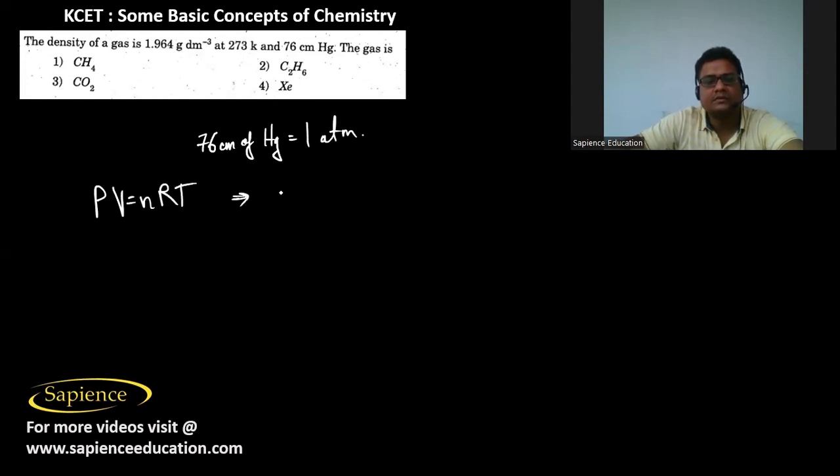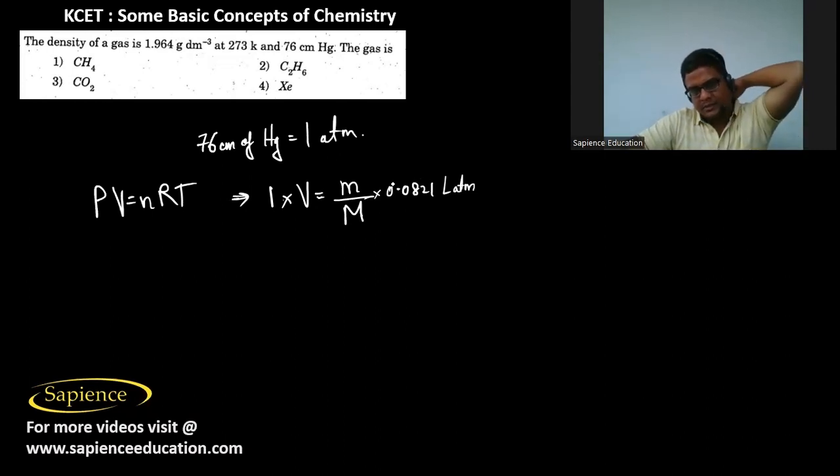The pressure is given as 1 atmosphere, and the volume is equal to V, suppose, and the number of moles is the given mass divided by the molar mass, times the ideal gas constant, 0.0821 liter atmosphere per Kelvin per mole, into 273 Kelvin.